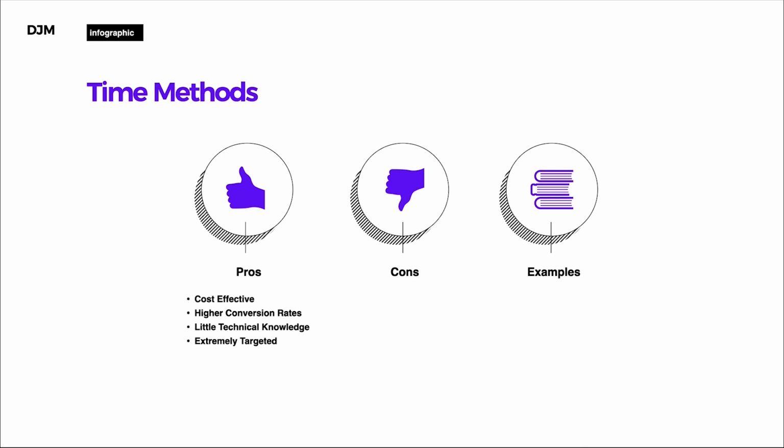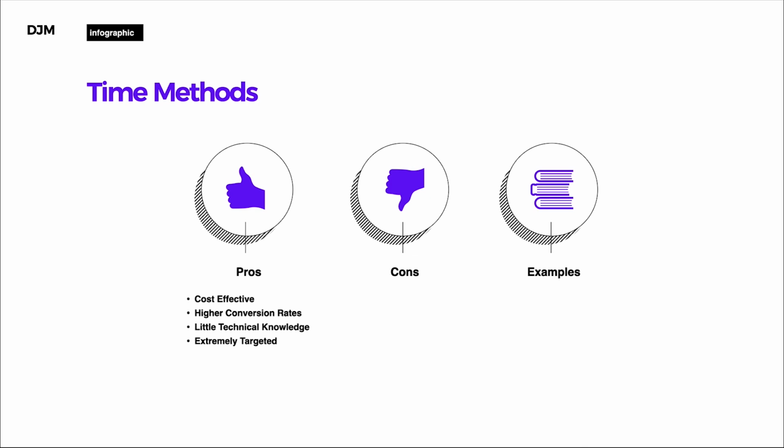They also have higher conversion rates. Time methods, generally speaking, have higher conversion rates based on the actions that you take than paid methods. They also require very little technical knowledge. You don't need to know how to do a lot of very technical things for most time methods, not the ones that I'll teach you at least, and they're extremely targeted. You decide exactly who gets to see your marketing.